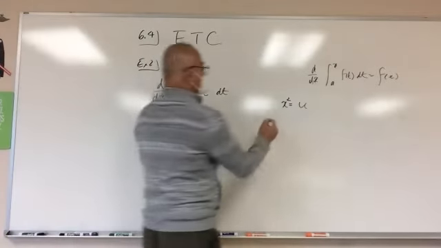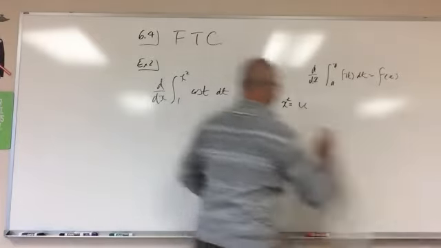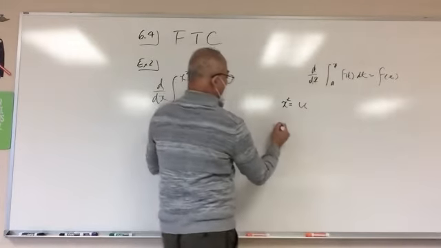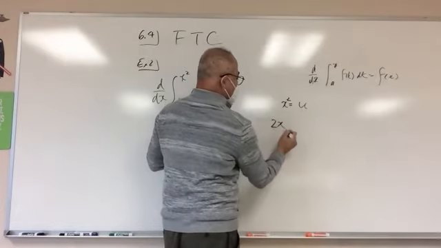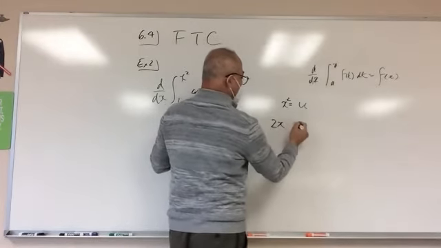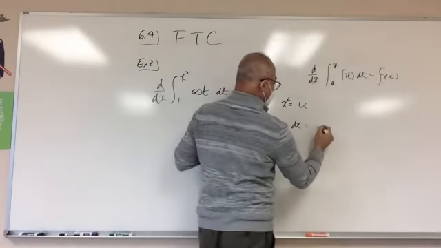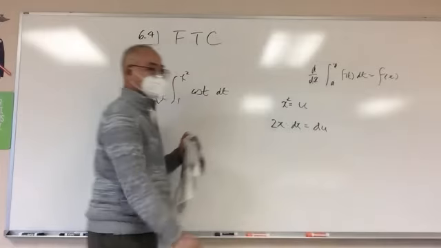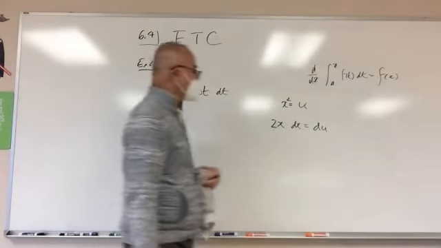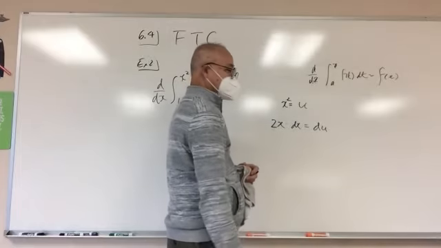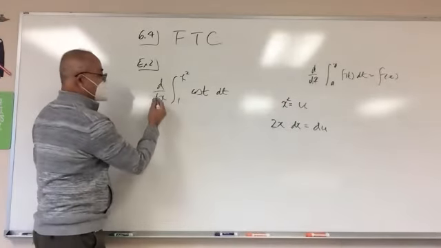Now let's go ahead and take the derivative. If I take the derivative, what am I going to get here? I'm going to get 2x, then I have to do the chain rule, right? 2x dx is equal to du. So what can I say here? dx would be what?